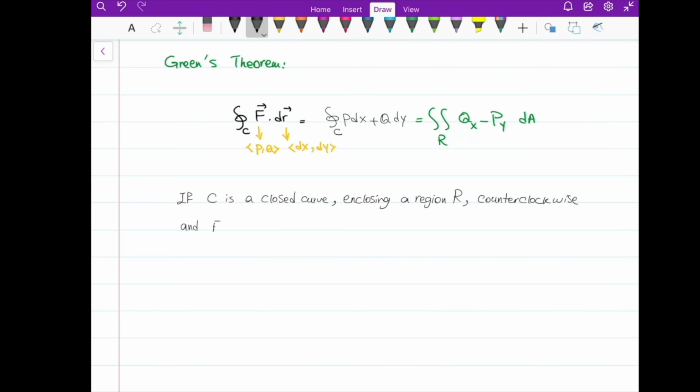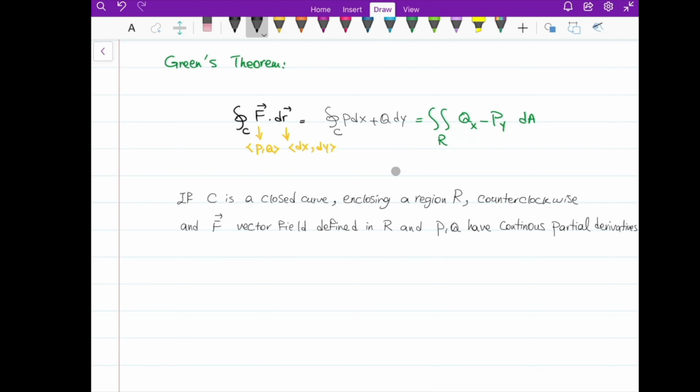The vector field F is a vector field that is defined in the region R, and P and Q have continuous partial derivatives. Okay, then we have this situation.